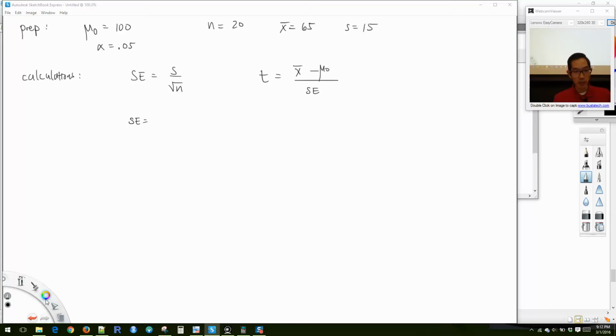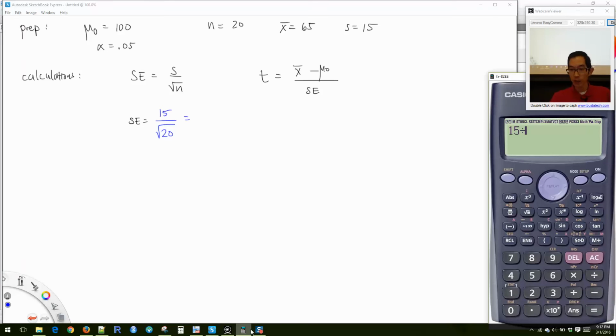For our standard error, I'm just plugging in the numbers we have. S is 15. I'm going to divide this by the square root of 20. So I do 15 divided by the square root of 20, and this is 3.354.